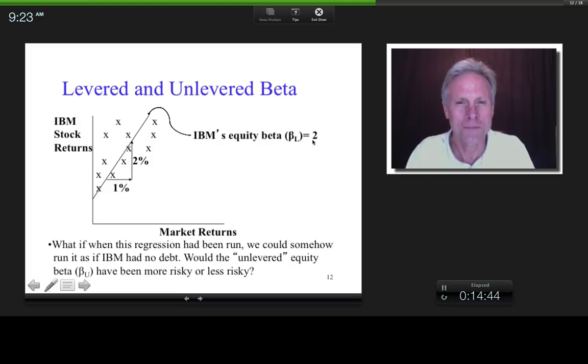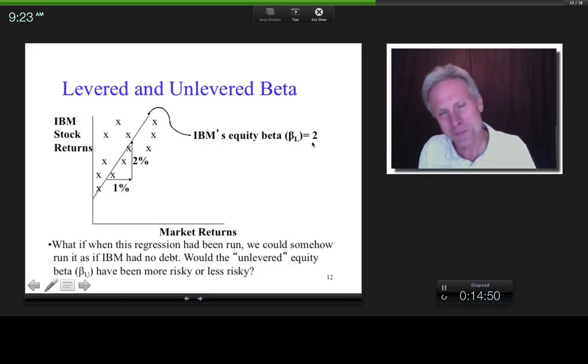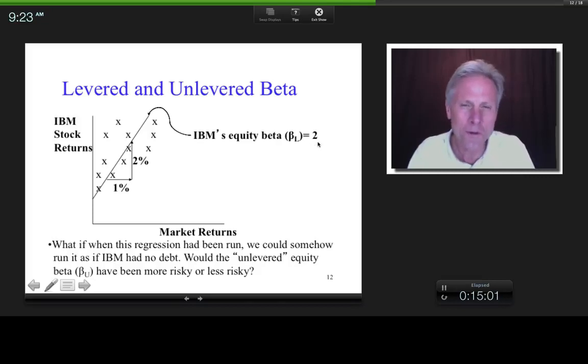More risky, right? And so in other words, if this levered beta of 2 reflects not only IBM's business risk, that's the assets, but also the fact that there's a bunch of debt holders that get paid before you, and then you say, I wonder what this number would have looked like if, hypothetically, I could back out the debt and imagine nobody gets paid before me.